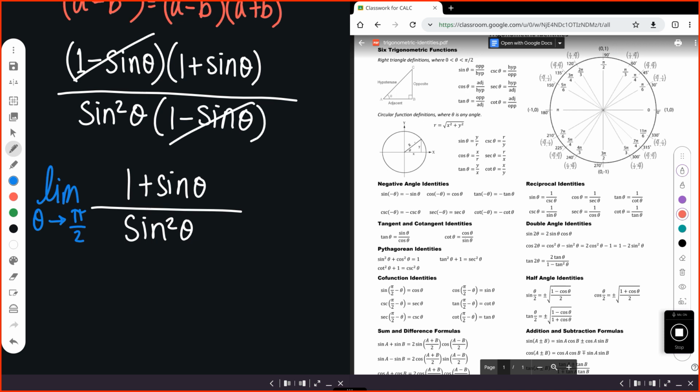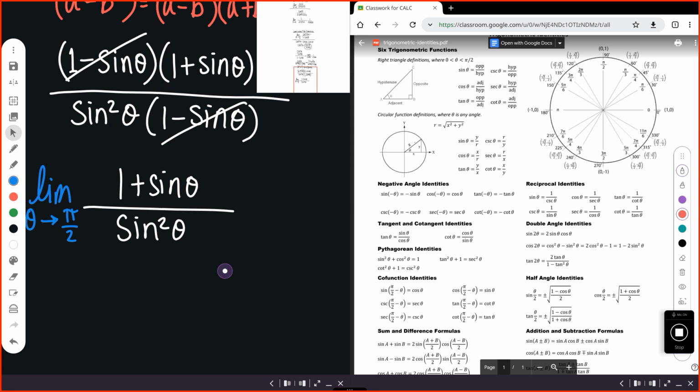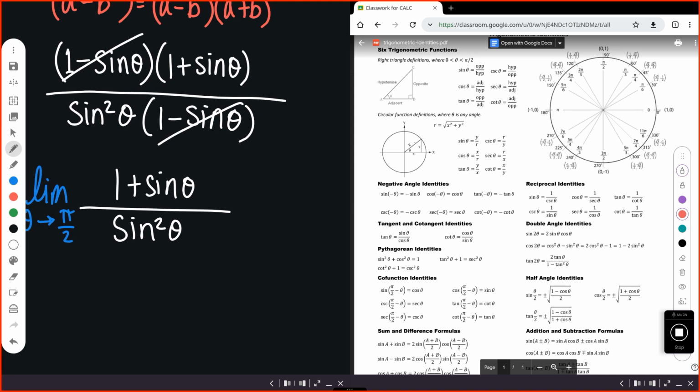So if we continue to write this out, it equals 1 plus sine pi halves, over sine squared pi halves.